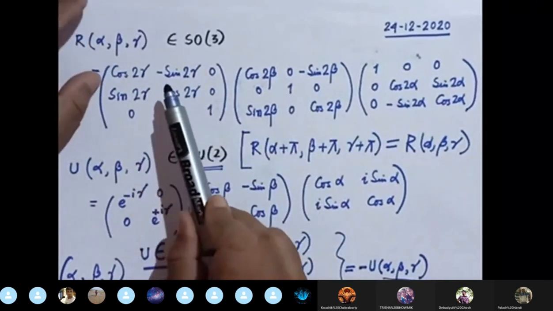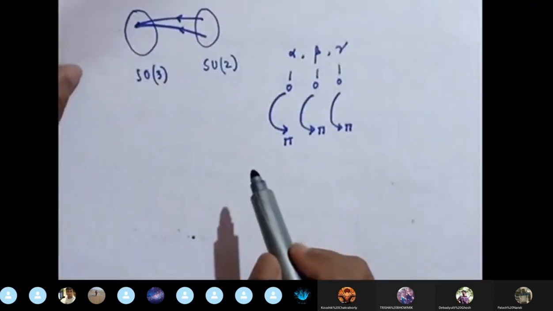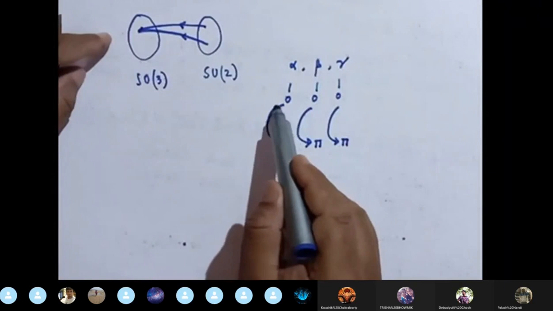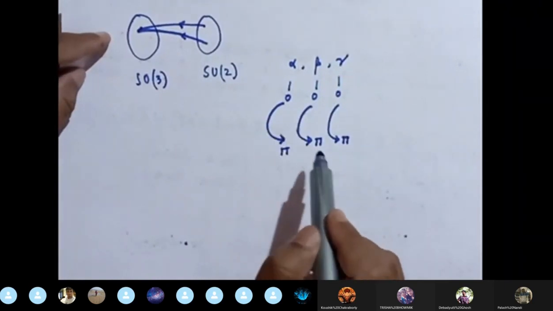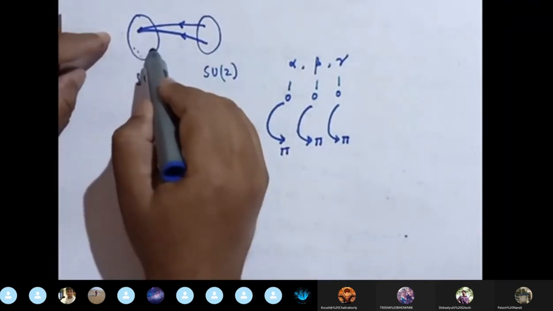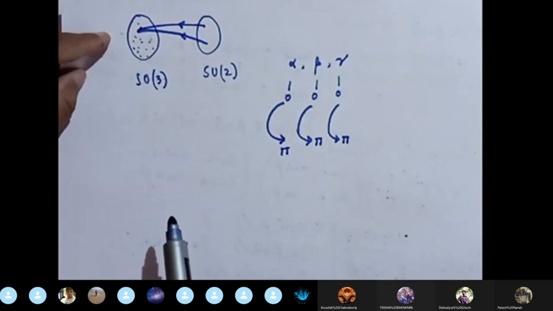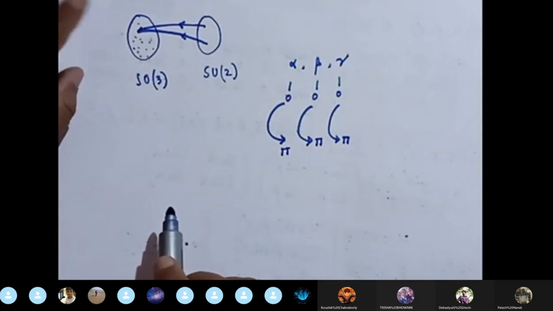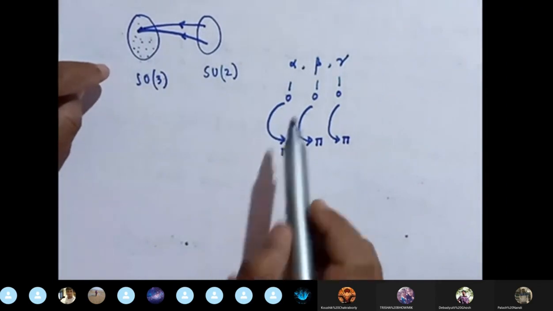So when alpha, beta, gamma vary from 0 to pi, by varying alpha, beta, gamma continually and independently from 0 to pi in all possible ways, you generate all the elements of SO3. Because 1 again comes back to 1, and in between alpha, beta vary continually.